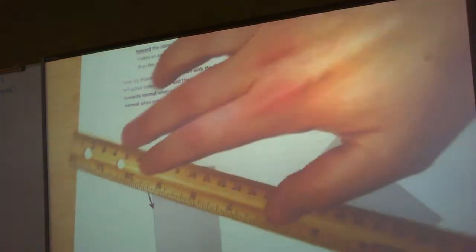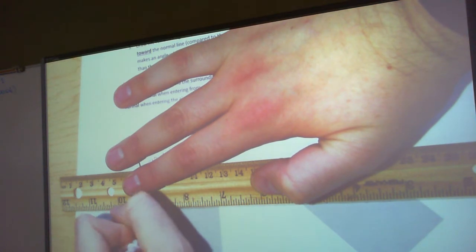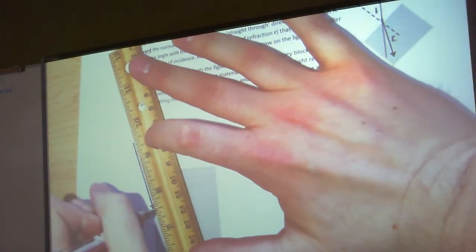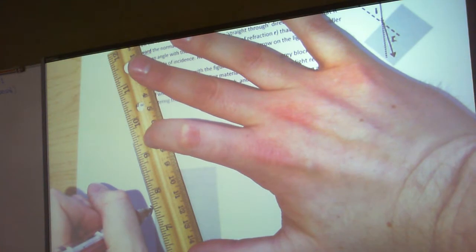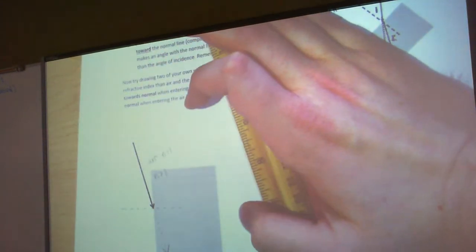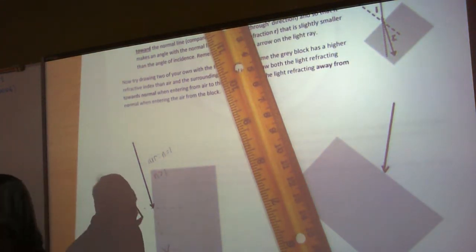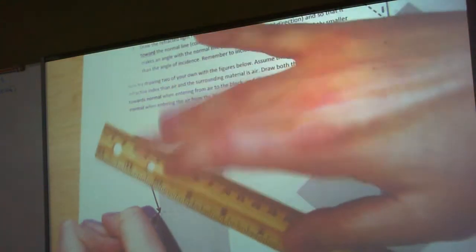So I'm gonna draw my normal line. If this ray was to continue, it would extend like this, but it's not, right? Is it gonna bend towards the normal? Towards normal because it's going into a higher refractive index material?